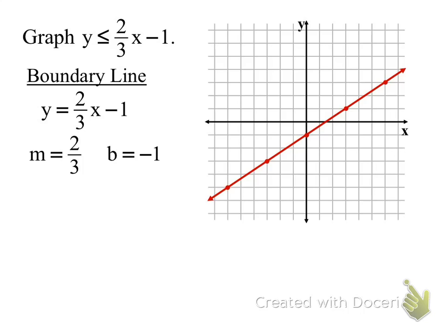Which area is less than that -1? Which area is less than, above or below that point? Yes. Below. I didn't even do a test point. I'm shading that area. I looked at this. What is less than on the y-axis?